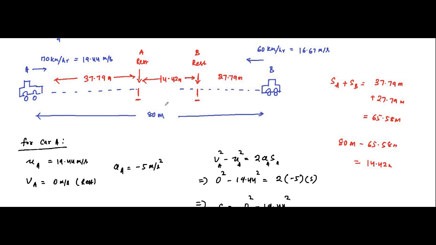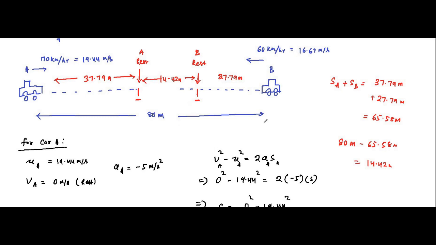The collision was avoided, it was averted, the accident was avoided, because thankfully, because of the application of brakes, both the cars came to rest when there was a separation of 14.42 meters between them.